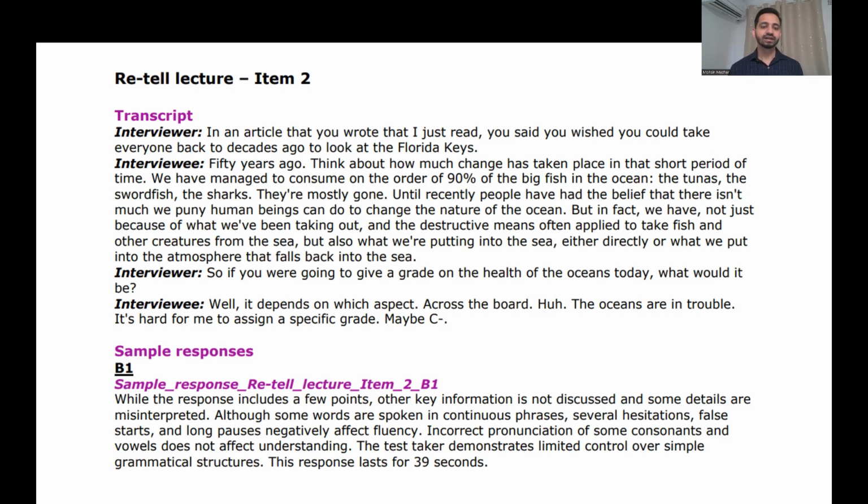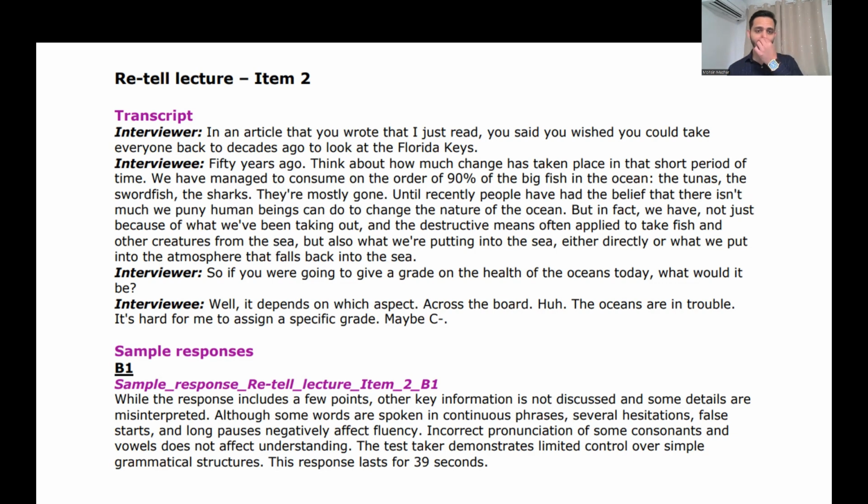Interviewer: If you are going to give a grade on the health of the oceans today, what would it be? Interviewee: Well, it depends on which aspect. Across the board, the oceans are in trouble. It's hard for me to assign a specific grade, maybe C-.